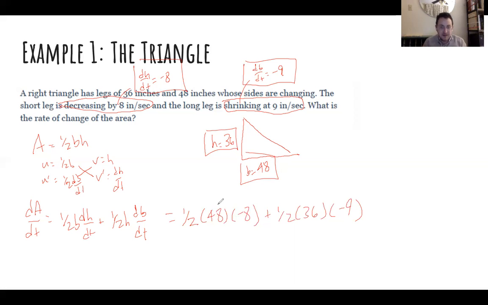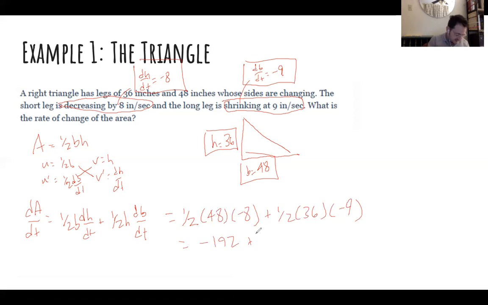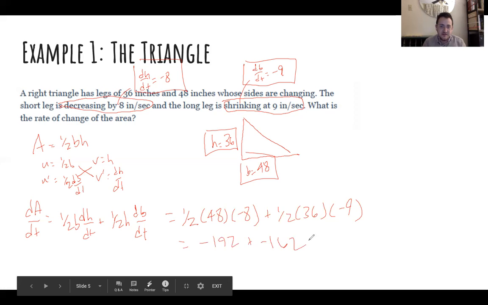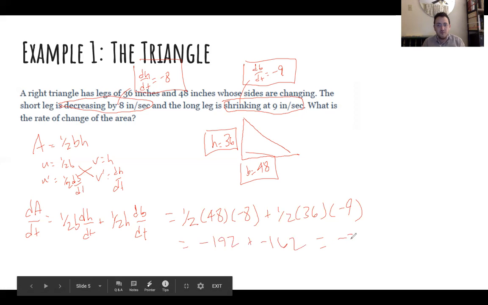So this would be a -192 plus 36 times a -9 times 0.5. So this would be a -162. And we combine those. I get -354 inches squared per second, because it's asking us for the change in area.